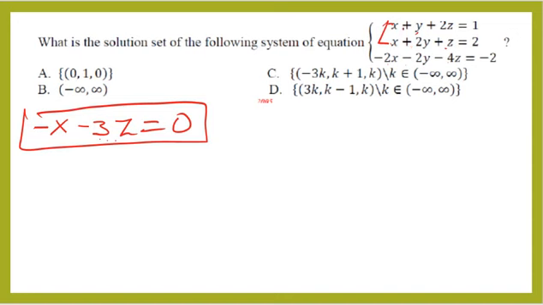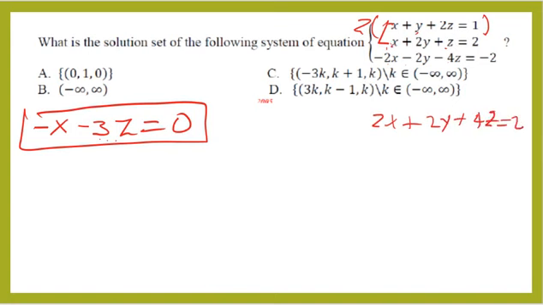So we have to eliminate the y from the first and the second and make it a two variable equation to solve simultaneously. Therefore, I can multiply all of these by 2. The first one, when you multiply, will be 2x plus 2y plus 4z is equal to 2.